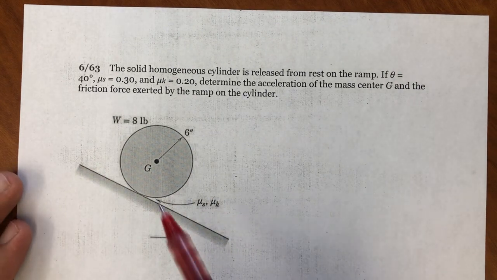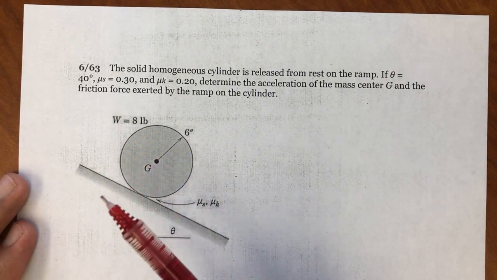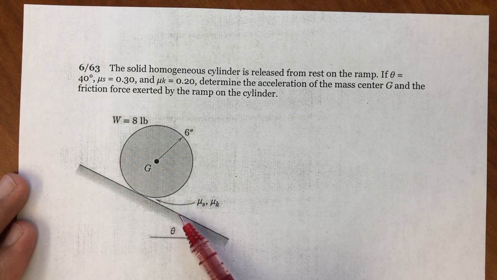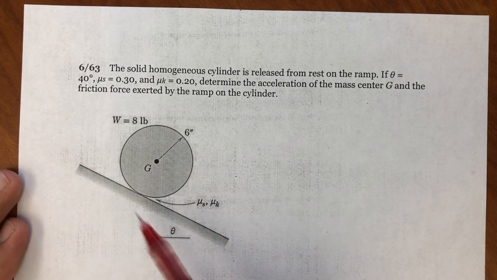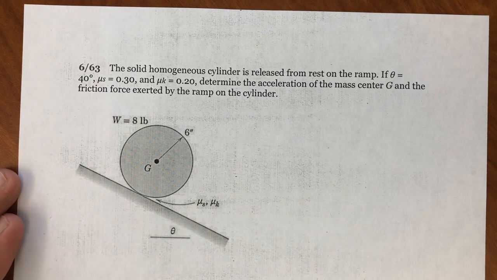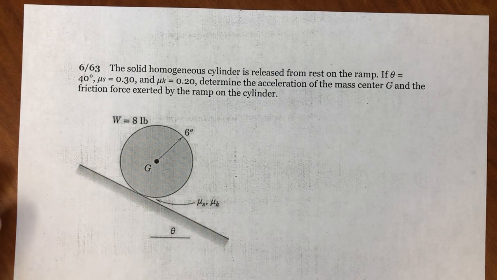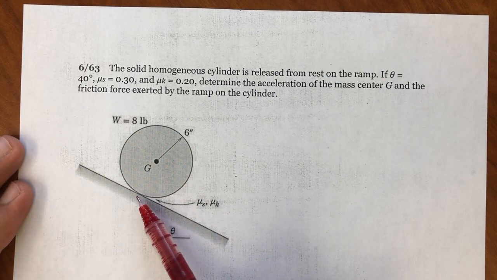The point is we don't know if this cylinder is going to slip or if it's going to just purely rotate, I mean, without any slip. Like any other friction problems, we have to assume it's not going to slip.